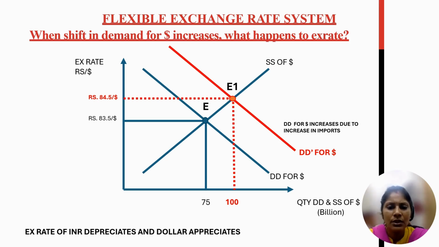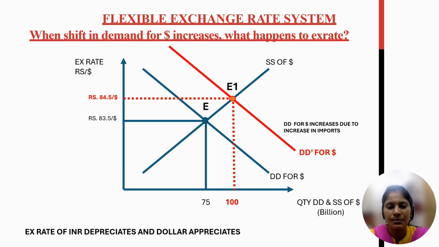So when there is an increase in the demand for dollars, what happens to the exchange rate? The exchange rate changes, and this change is better understood as a depreciation in the rupee and an appreciation in the dollar. This is how the effect of a change in the demand for dollar, particularly an increase, has been explained.